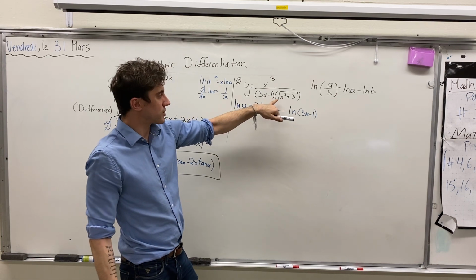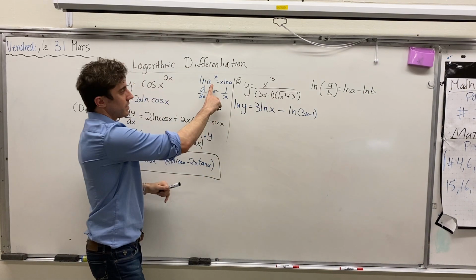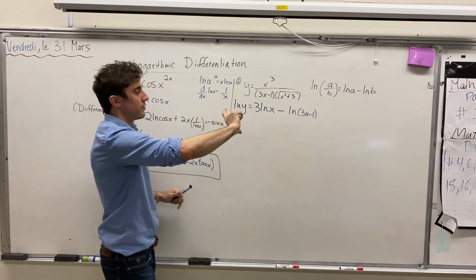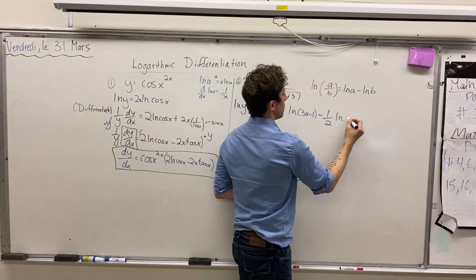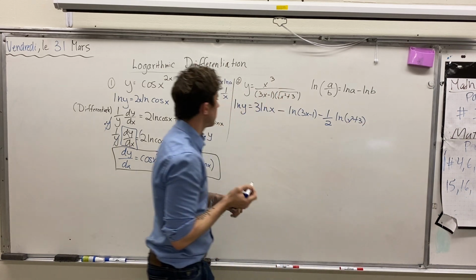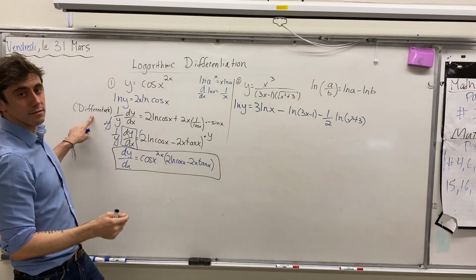However, I'll remind you that the square root acts as an exponent of 1/2, and so using again the rule over here, we can have the 1/2 become our coefficient, and so we'll have minus 1/2 the ln of x squared plus 3.